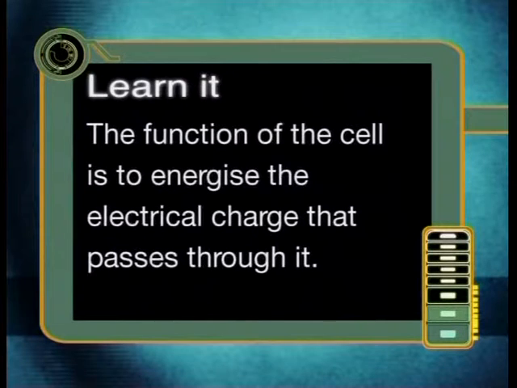So can you see that the battery provides a source of electrical energy to allow electrical charge to flow through the circuit? The cell within the battery acts as a source of charge which is able to transfer its energy to a light bulb and able to flow through the circuit as well. Therefore, we can say that the function of the cell is to energize the electrical charge that passes through it.